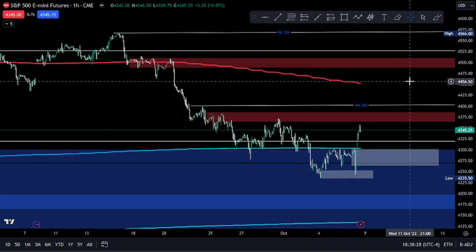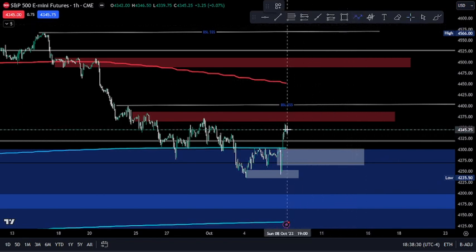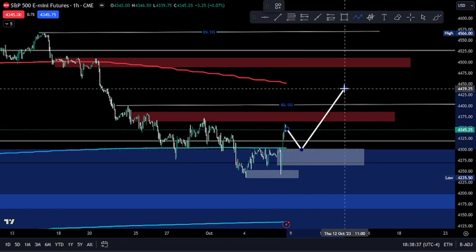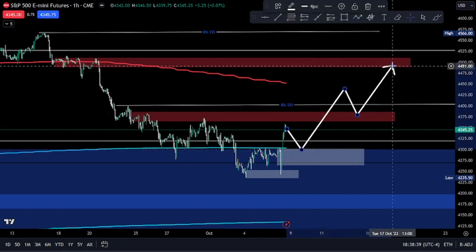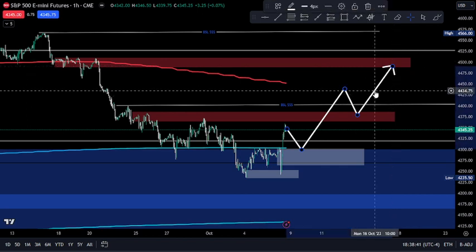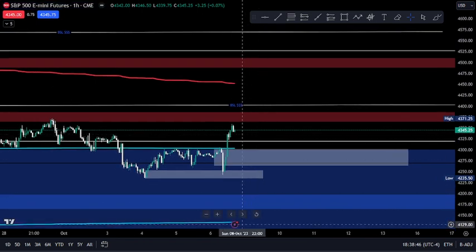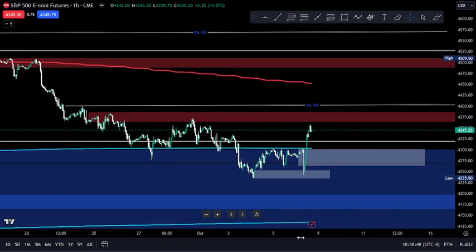So for a bullish move, I'm looking for this area here to hold, 4,300 and just under, before expanding upwards, and then a break and retest would be great. If we fail to hold that, or if we're explosive out the gate, and remember Monday actually will be a much lower volume day for ES.